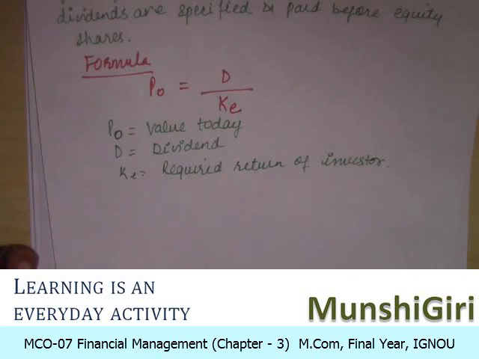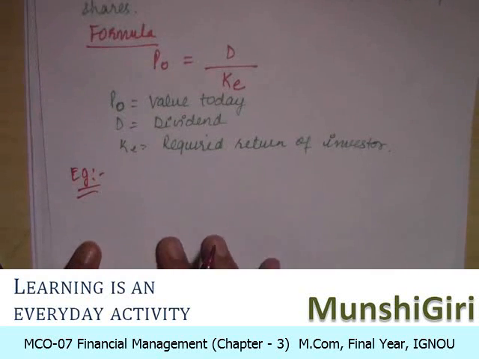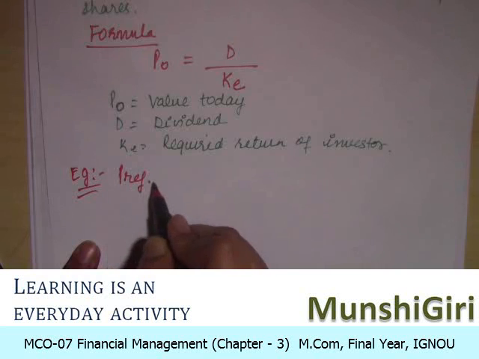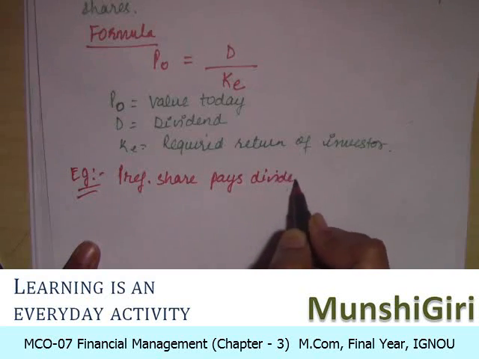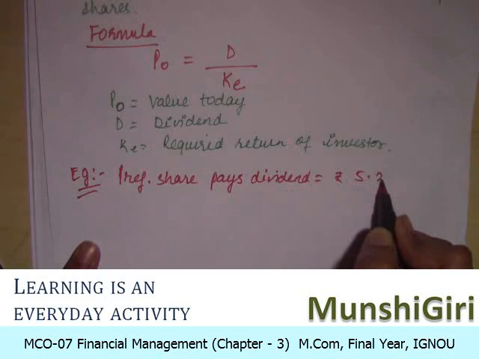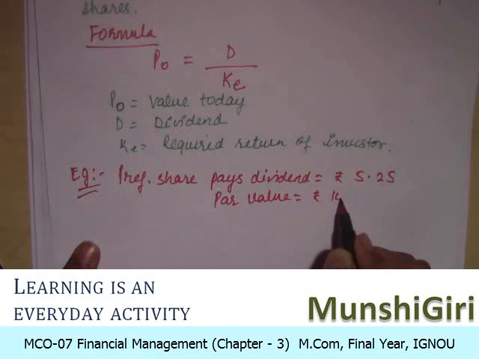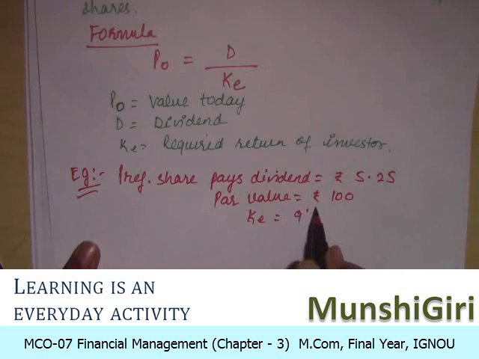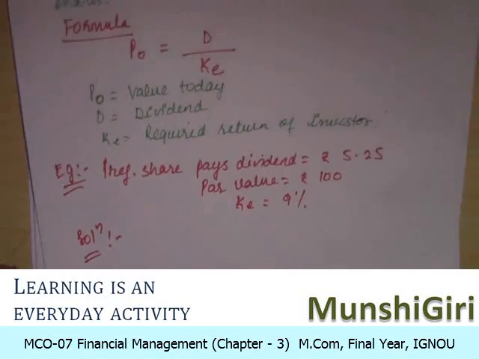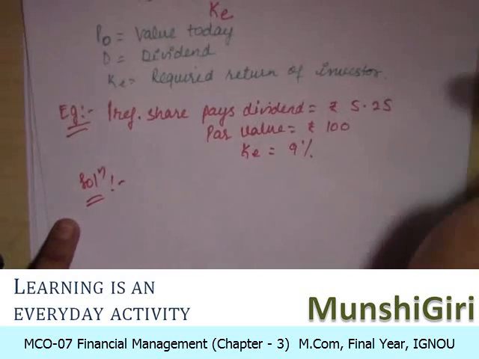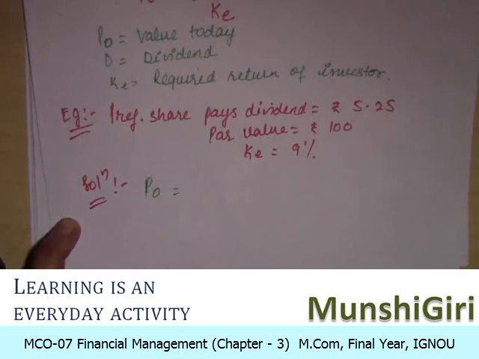Let's look at an example. A preference share pays dividend rupees 5.25, par value is rupees 100 and KE is 9%. What you have to do is calculate the price today, that is P0. Simple, we'll apply the formula.